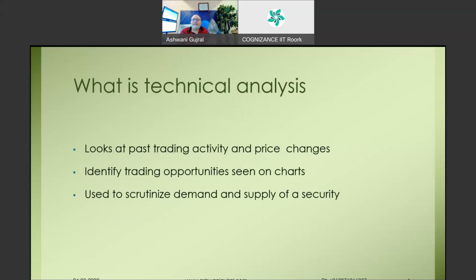So fundamental analysis is the study of balance sheets, cash flows, the company's business, its management, etc. But technical analysis looks at past trading activity and price changes, and it identifies trading opportunities seen on charts, which means that a good risk reward situation can be determined by looking at past trading activity, going by past action where something found support, something found resistance.